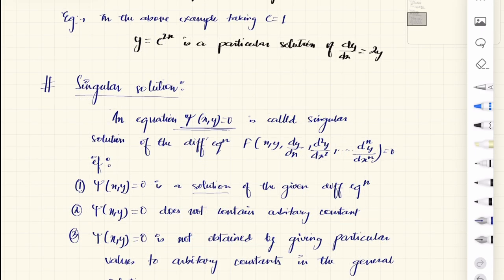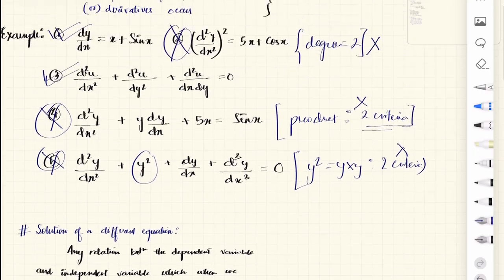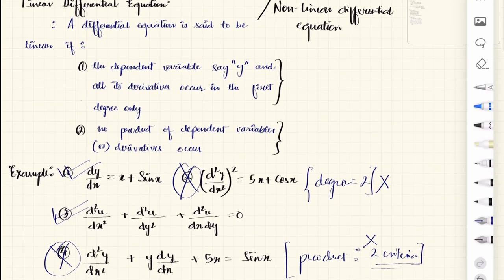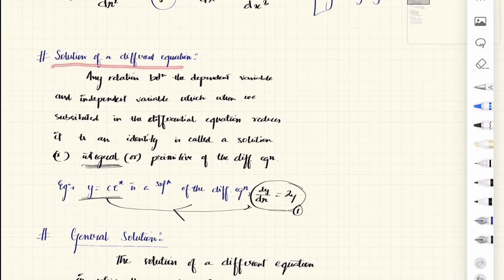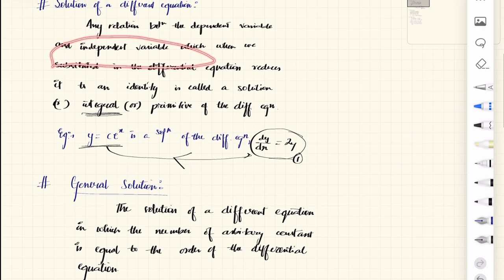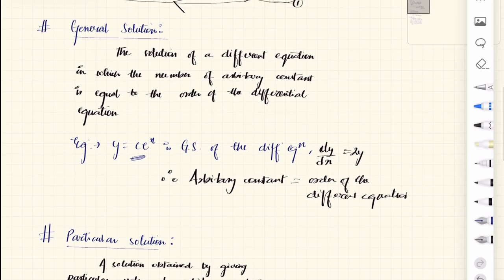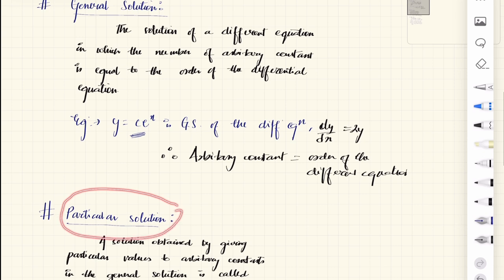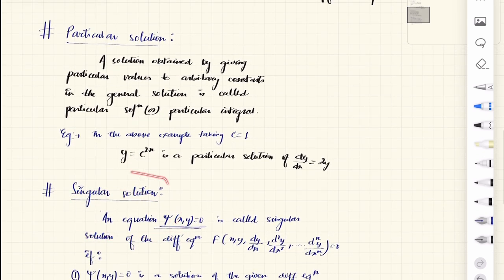So for today, we are going to end this video here. Till now we have studied what is a linear differential equation, what is a non-linear differential equation, and we have seen different solutions: what a solution is, what the types are, the general solutions, particular solutions, and the singular solution.